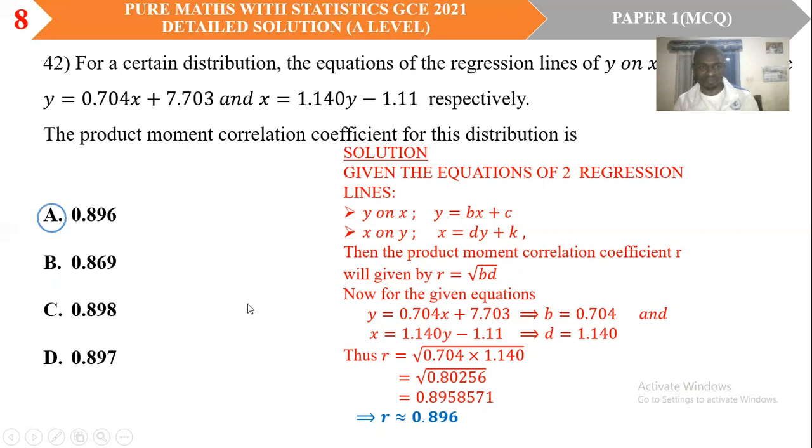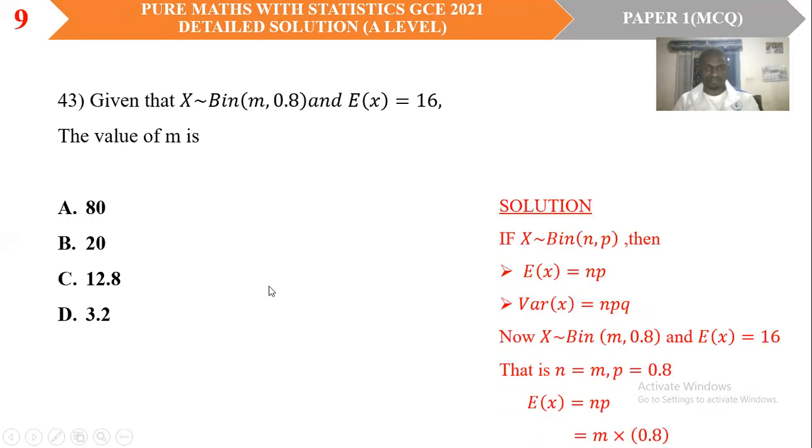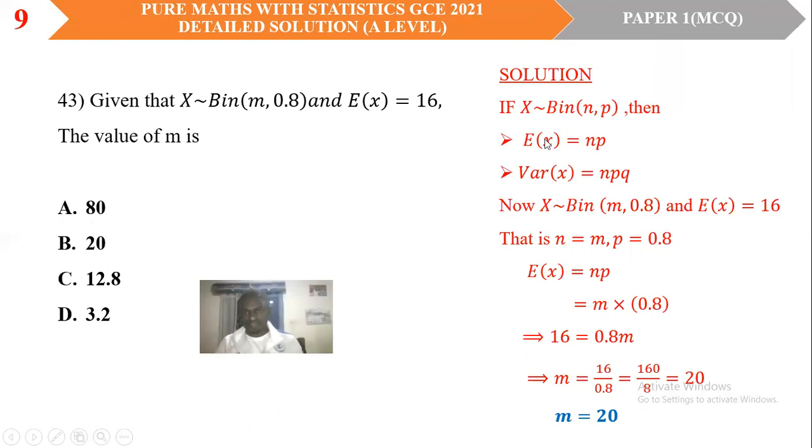Answer A. Question 43. Given that x is binomial with parameters m and 0.8, and that the expectation of x is equal to 16, the value of m is: solution. If x is binomial with parameters n and p, then the expectation of x is np. The variance of x is npq.